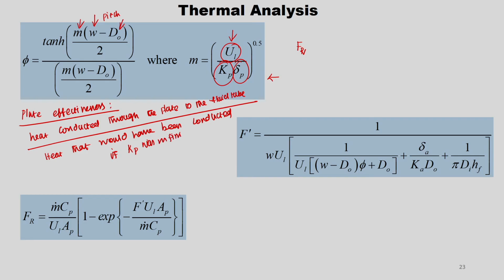That means the conductivity is so high that, without any resistance, the heat directly reaches the working fluid. So, that is the parameter plate effectiveness.